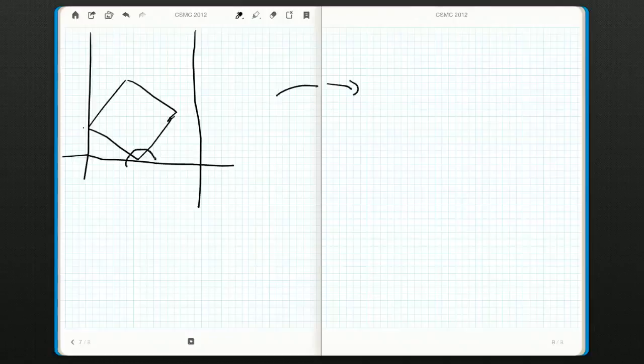The pen is not cooperating with me. So there's R, here's S, P, and Q, which we know, and here's the origin, and we know there's a distance of 7 here. This is 25.